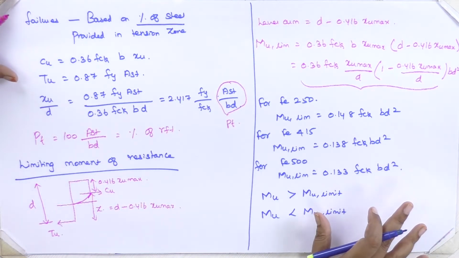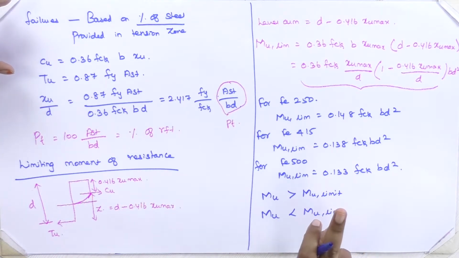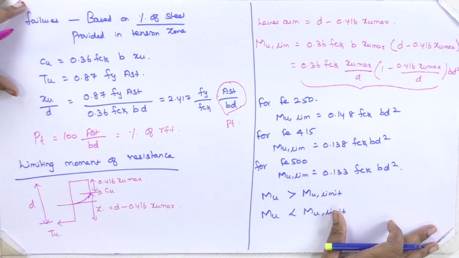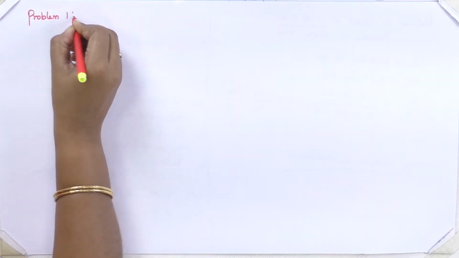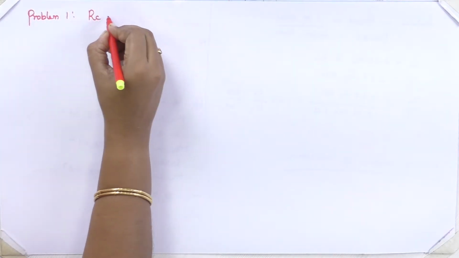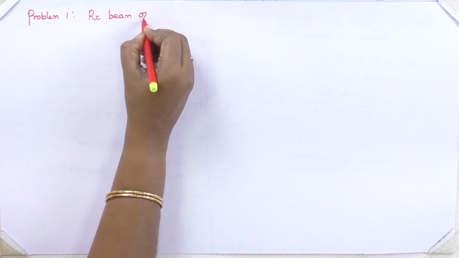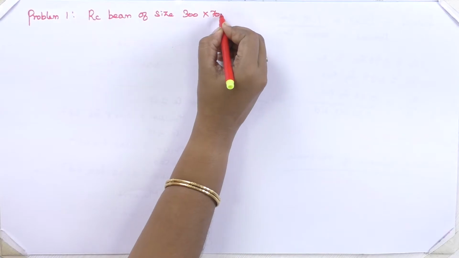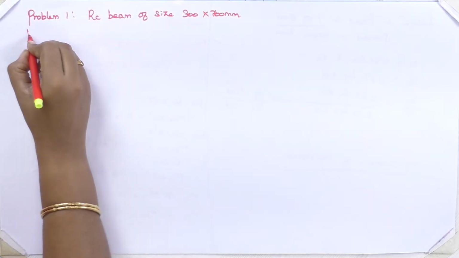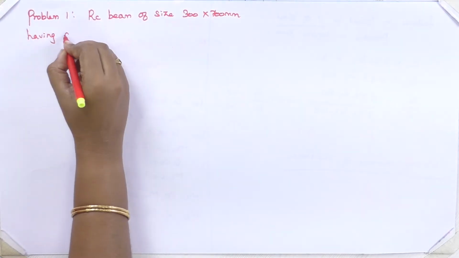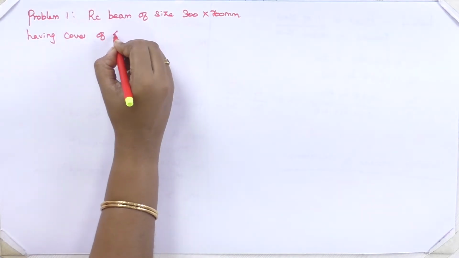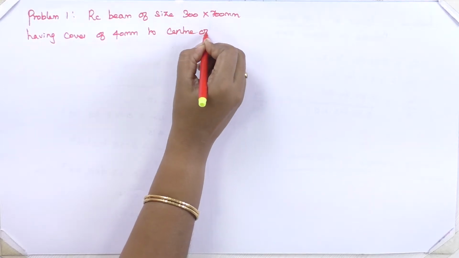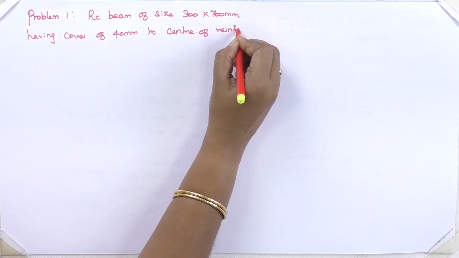Now we are going to see only one problem related to a singly reinforced flexural beam. Problem 1. An RC beam of size 300 by 700 mm, having a cover of 40 mm to the center of reinforcement.